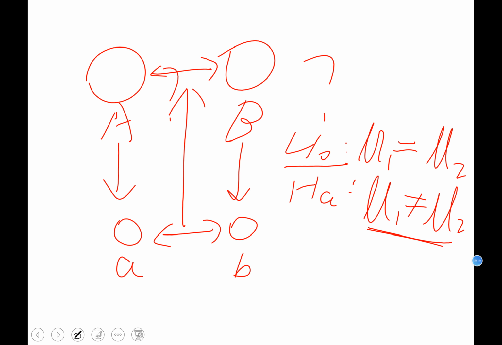But here, don't forget a special number, that is the significance level, alpha. We use alpha to represent the significance level. So what's the meaning of significance level? Do you remember that?